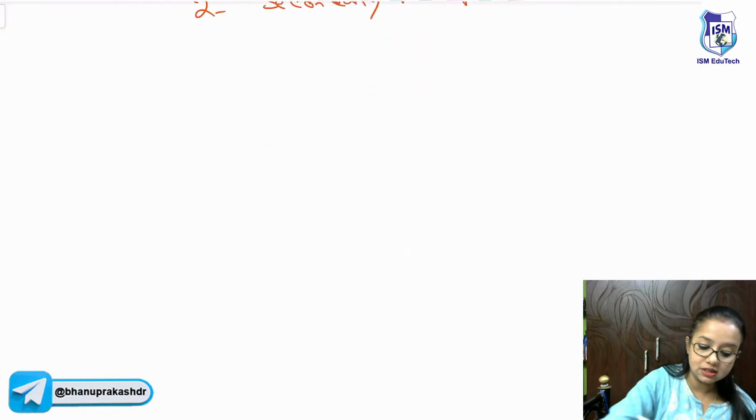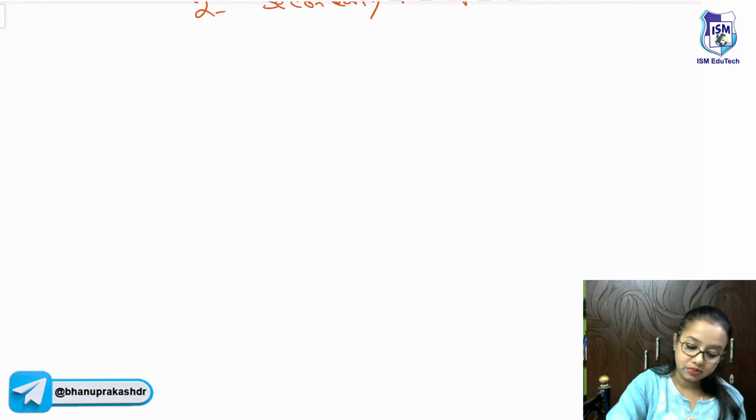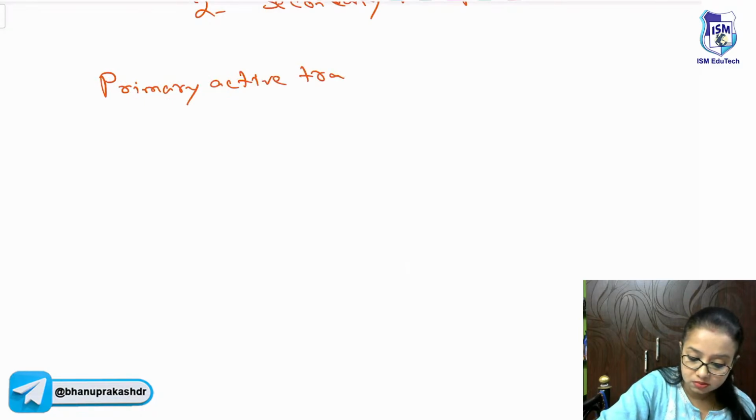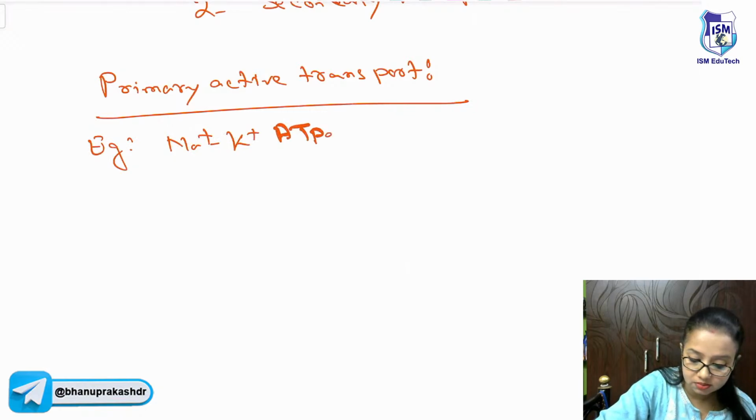Now, a very classical example of the primary transport, that is what we are going to use to understand the primary active transport, is the sodium potassium. We'll understand with the sodium potassium ATPase pump.